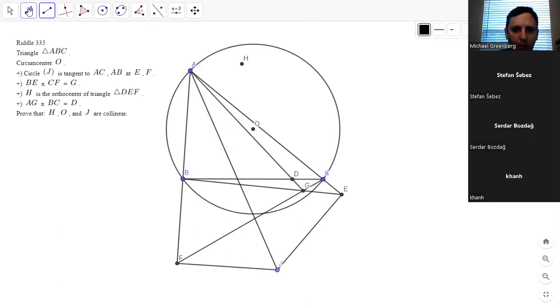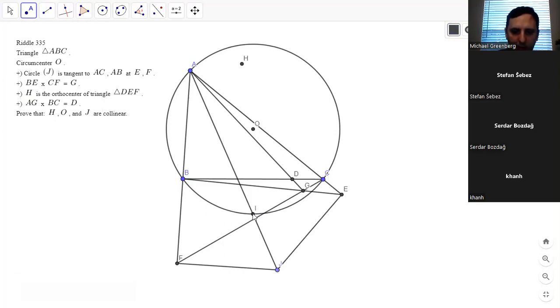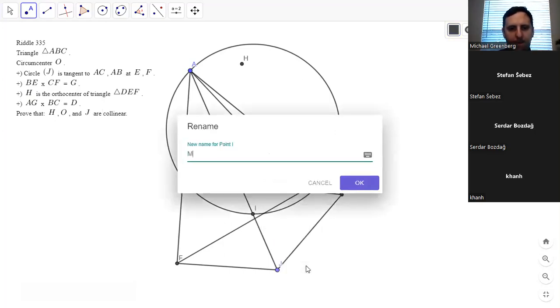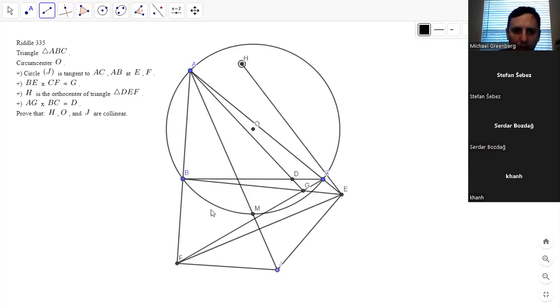So I could draw the midpoint of this arc if I want. Call that M. And H is the orthocenter of DEF. So if we draw all of these, D is the orthocenter of HEF. If H is the orthocenter of DEF, D is the orthocenter of HEF. Okay.